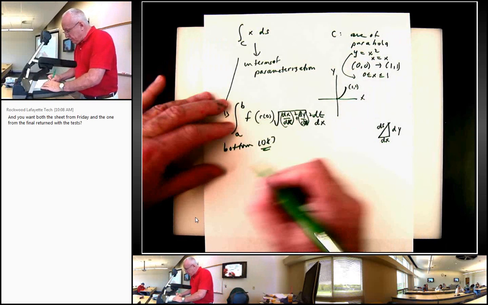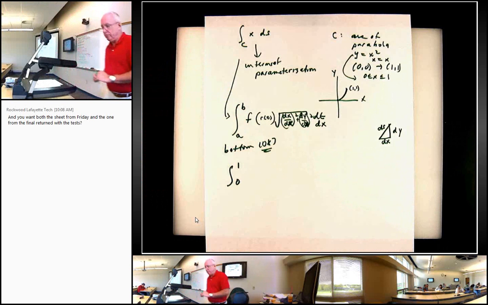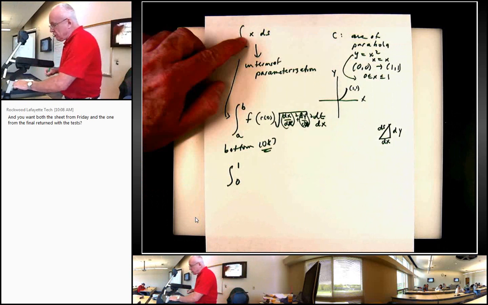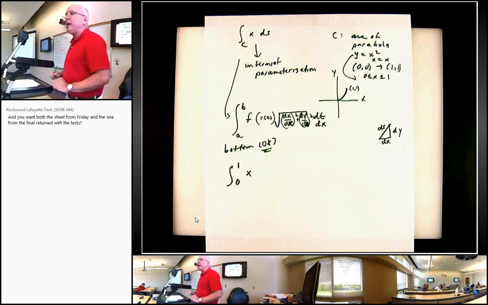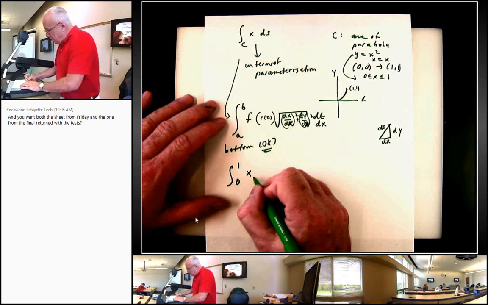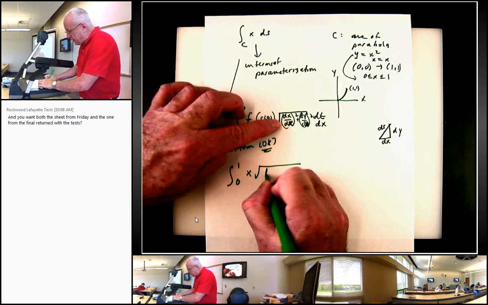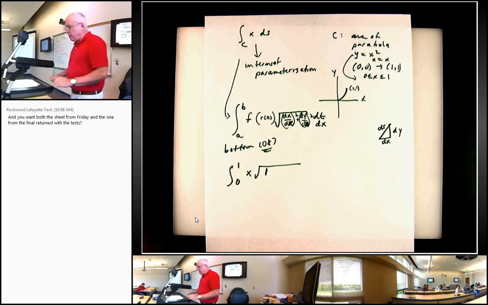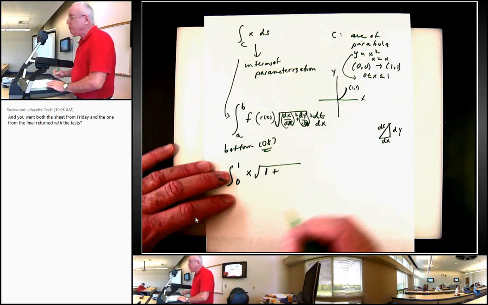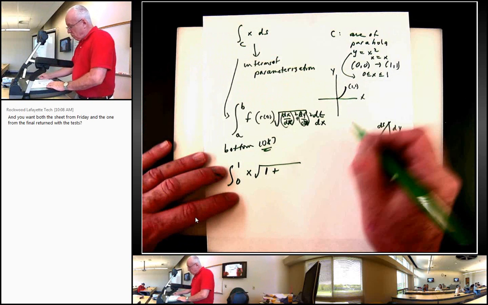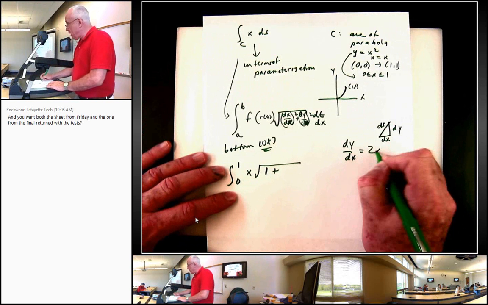So therefore, a to b is going to be 0 to 1. Our function, with relation to the parameterization, just stays x. Now, this will be times, well, (dx) squared, that's going to be 1 squared or 1. Now, what's (dy/dx) squared? First of all, what's dy/dx? 2x, right?